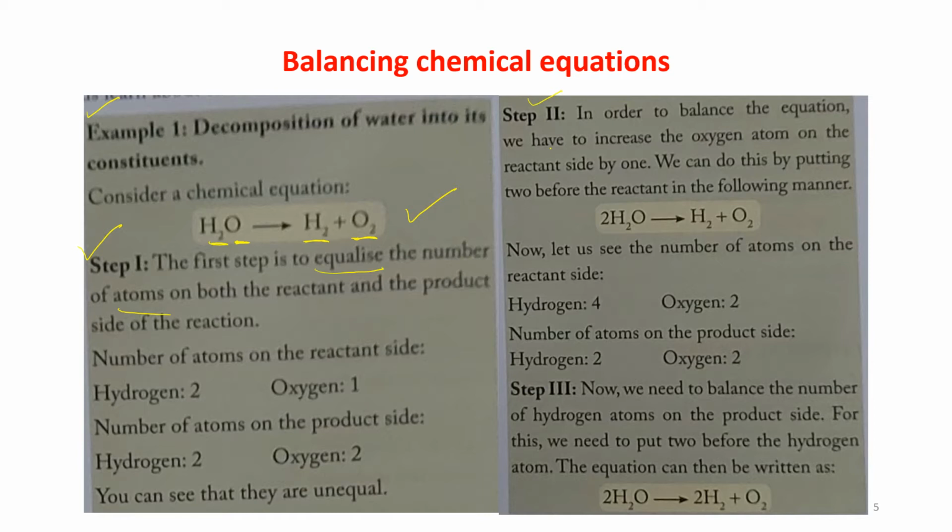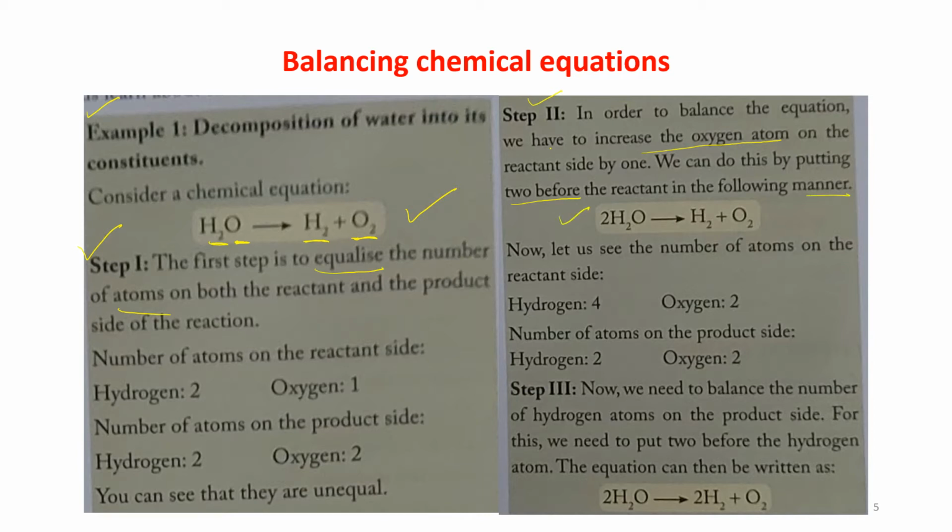For doing that, we have to increase the oxygen atom on the reactant side. Because in the reactant side, we are having 1 atom of oxygen and in the product side, we are having 2 atoms of oxygen. We can do this by putting 2 before the reactant in the following manner.